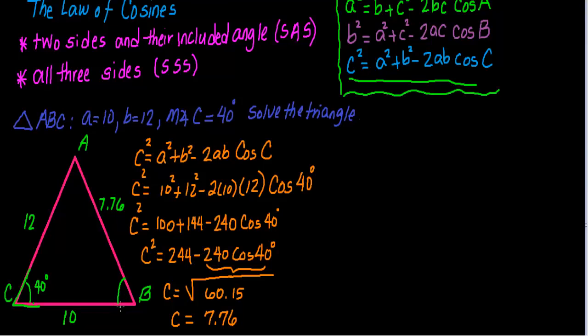Now, if I think it's possible for this angle to be greater than 90 degrees, then I have to be very careful, okay? I have to use the cosine law and not the sine law to look for angle B.